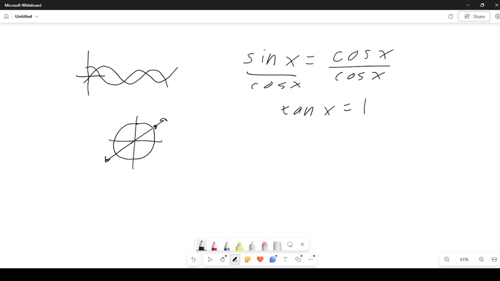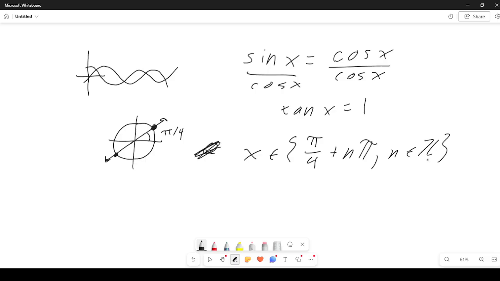These points here are where they're both root 2 over 2. The reference angle here is pi over 4. Since the period of tan is pi, the answer is x is in pi over 4 plus n pi, where n is an integer.